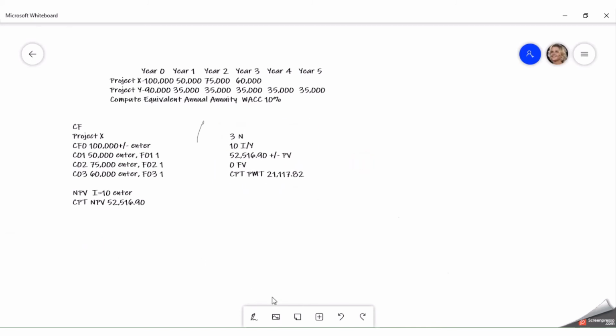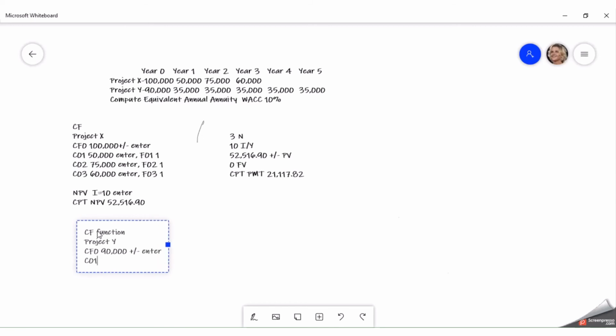Then we're going to come down here and we are going to do our cash flow for project Y. So again, our cash flow function, we are in project Y, and our cash flow for year 0 is 90,000. Hit the plus or minus button to make that negative, push enter.